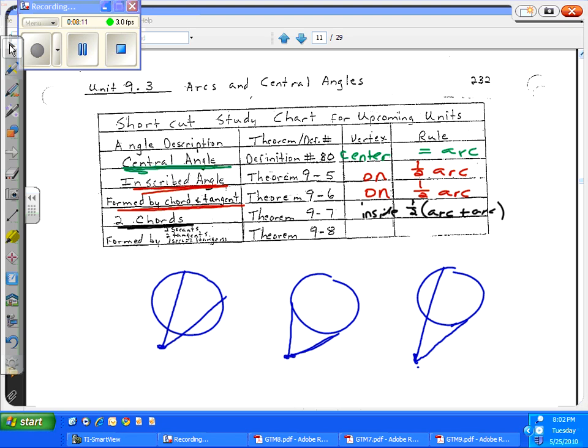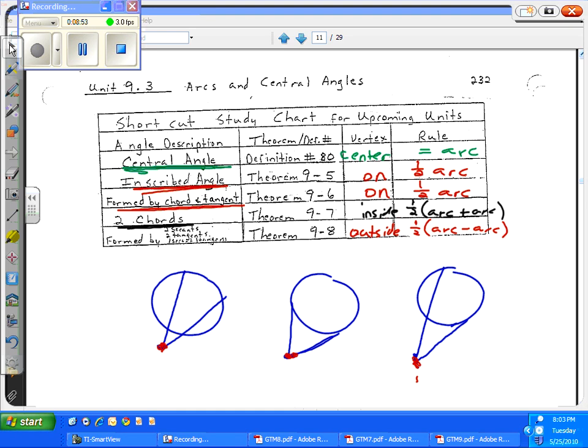Okay. If two secants, two tangents, or a secant and a tangent intersect a circle from a point outside, the key is from a point outside the circle, then the measure of the angle formed, the vertex is outside, is equal to 1/2 the difference in the intercepted arcs.